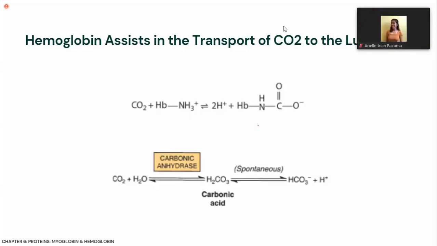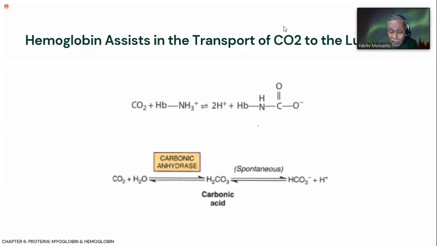What is the other name of respiratory chain? Electron transport chain, or respiratory chain. That is the internal respiration, meaning the oxygen is being used by the cells, and carbon dioxide is formed.